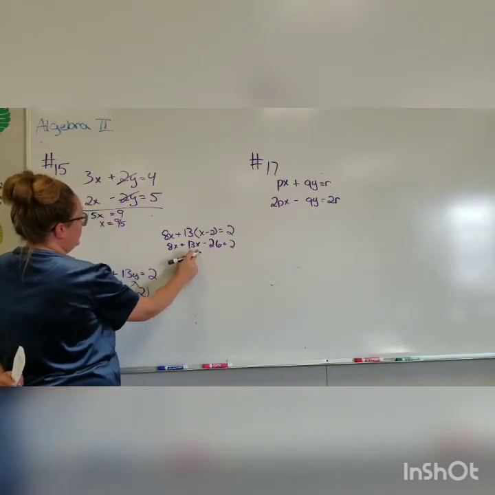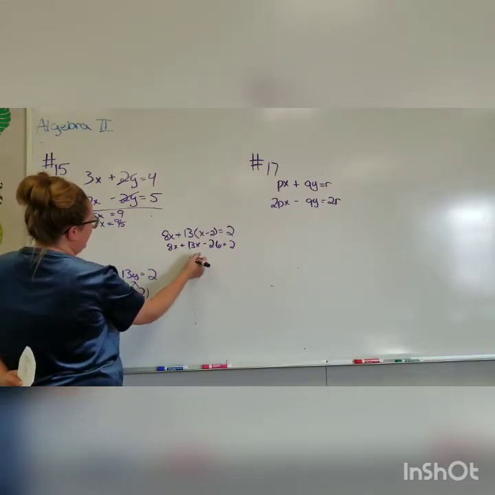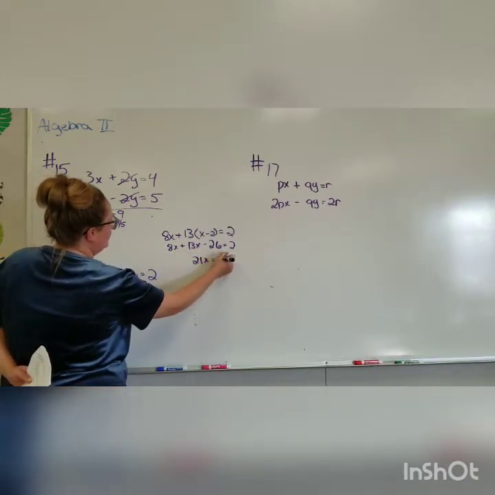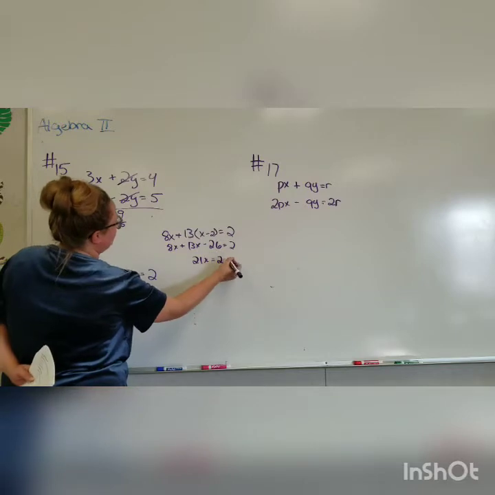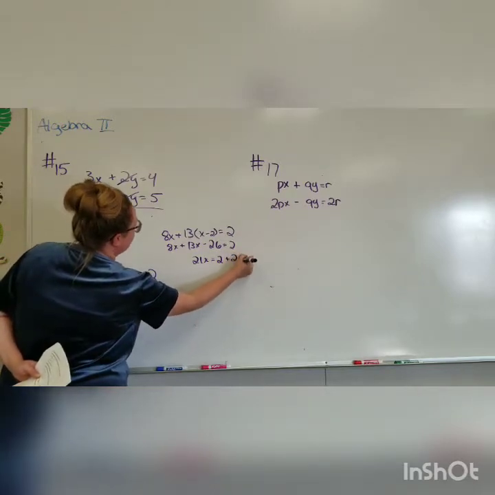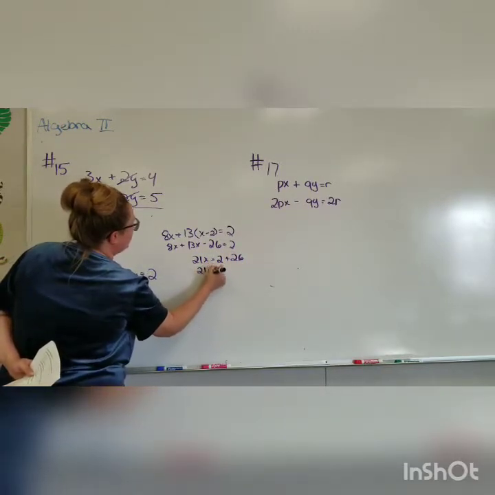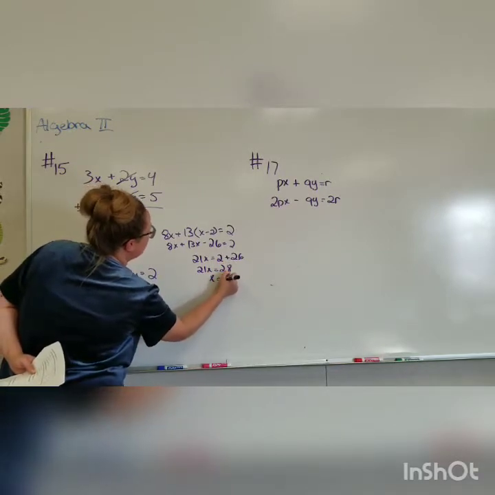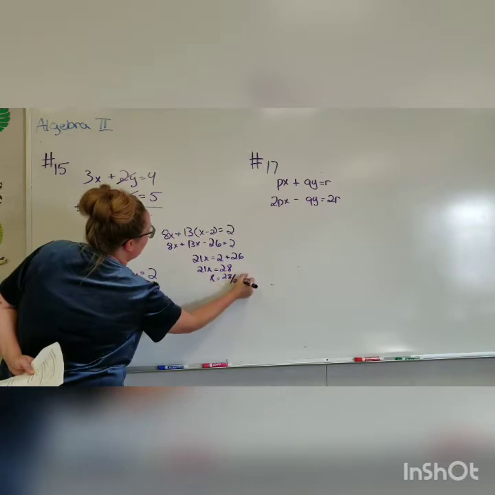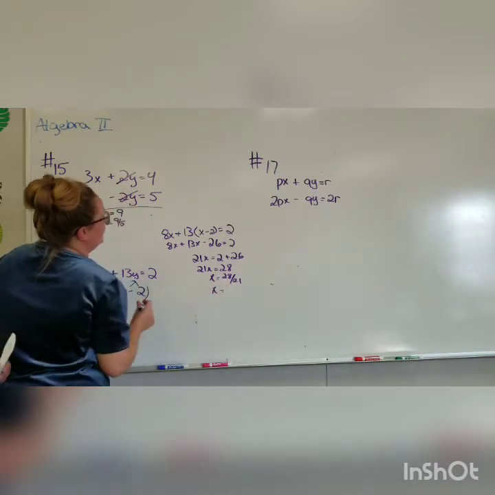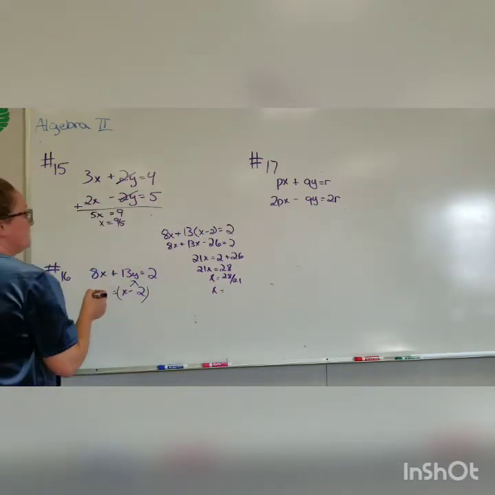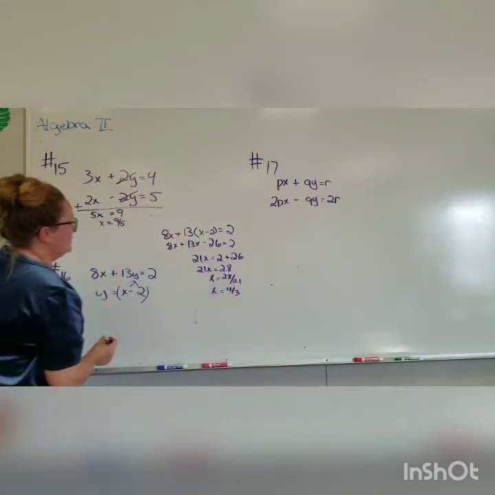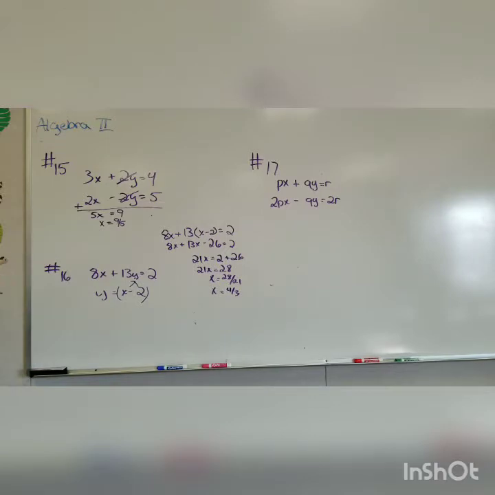All right, add your like terms. 8x plus 13x is 21x, equals 2. And I'm going to add the 26 on the other side because it's minus on this side. 21x equals 28. So x equals 28 over 21, which reduces, they're both divisible by 7. 7 goes into 28 4 times and into 21 3 times. So we know x is equal to 4 over 3.